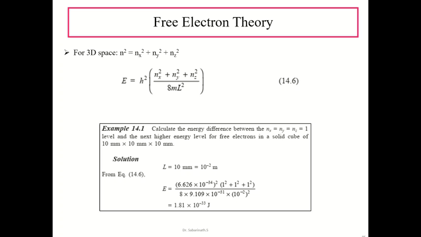So the equation becomes E is equal to h square, and in the place of n square we get nx square plus ny square plus nz square, the whole divided by 8 m l square.